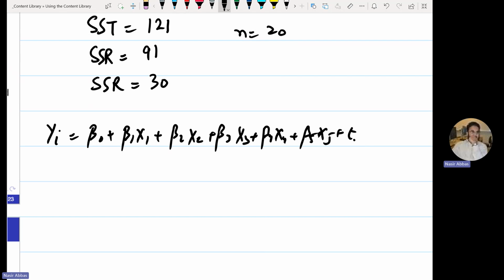And I want to check whether the newly added features are contributing significantly in the presence of the old ones, or they are not contributing significantly. This is testing the significance of some, not one, not all, some.